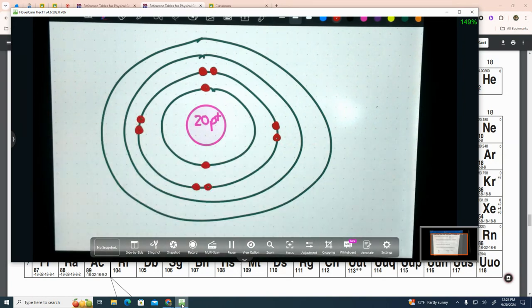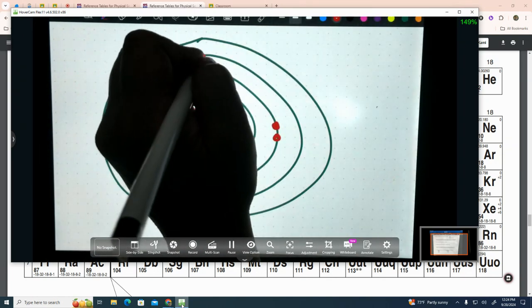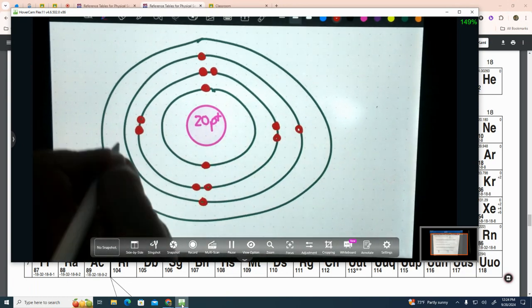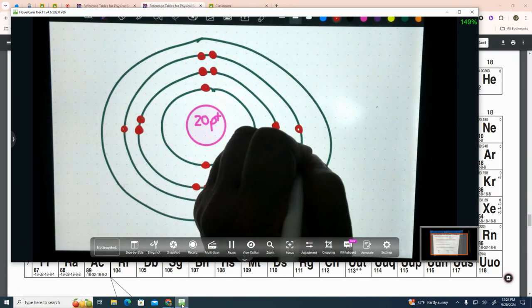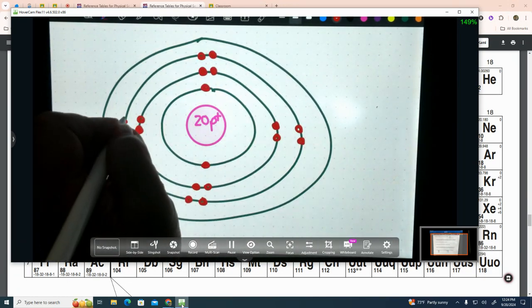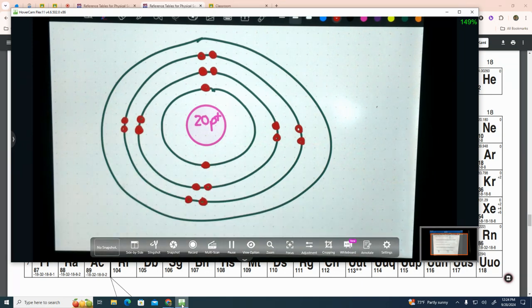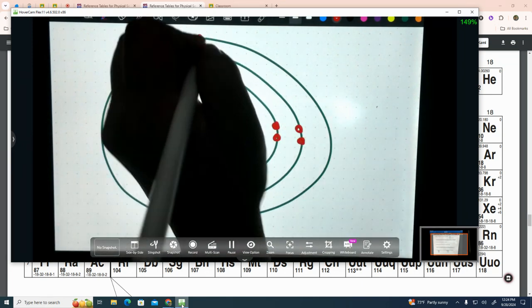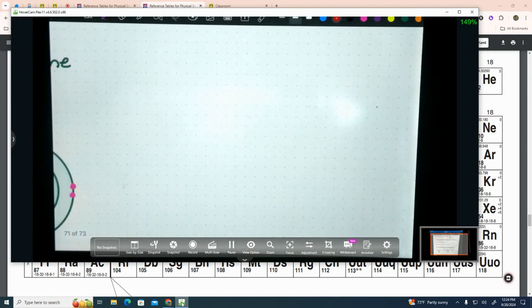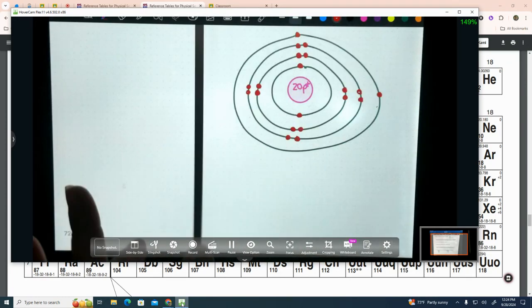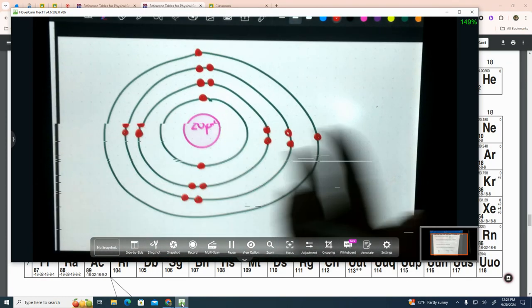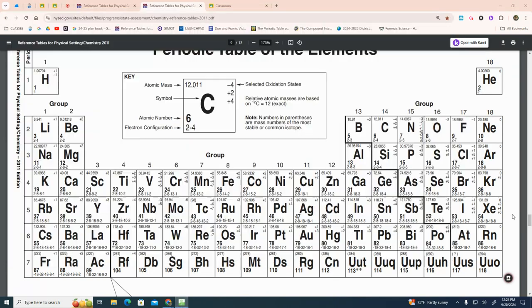In the third ring, I'm going to put in 8. 1, 2, 3, 4, 5, 6, 7, 8. In the fourth ring, I'm going to put in 2. What happened to it? Where'd it go? Okay. That's calcium. Hey, wouldn't the 2 be like opposites?